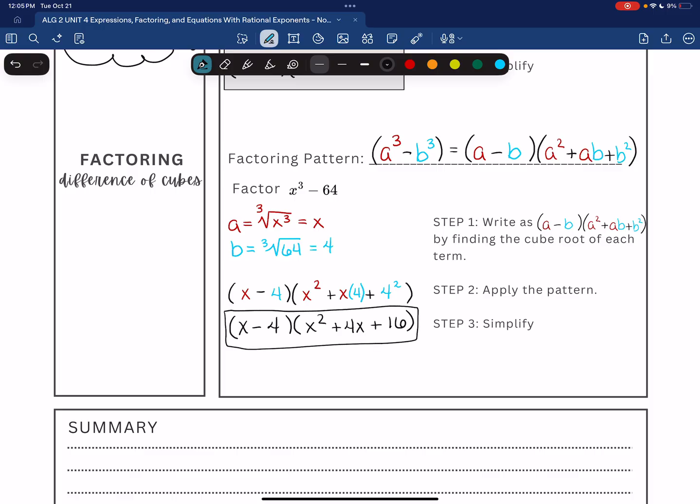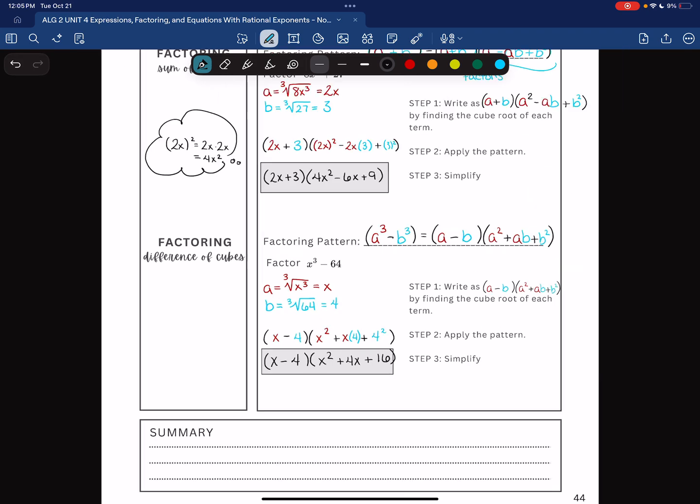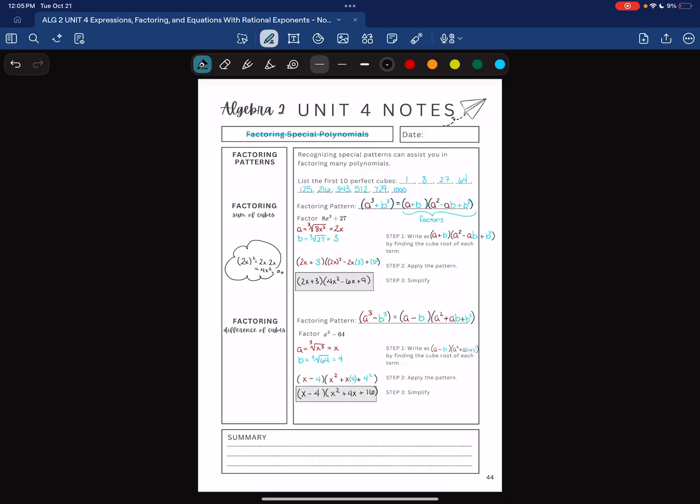There you guys go. An example where we were looking at simplifying, factoring a difference of squares and a difference of cubes and a sum of cubes. A great ability to be able to recognize patterns will make factoring so much easier.